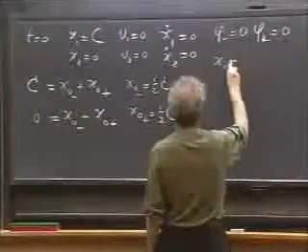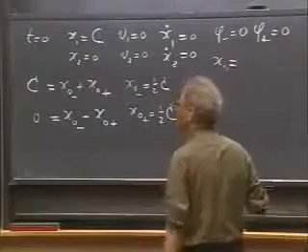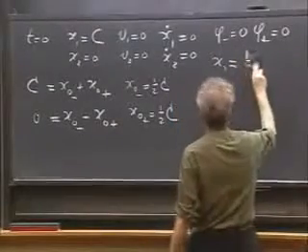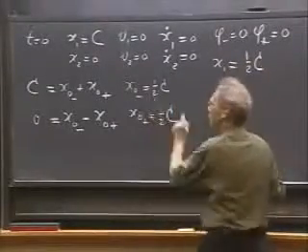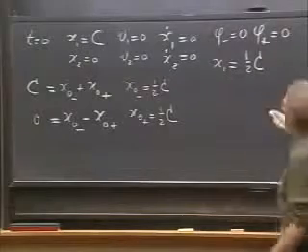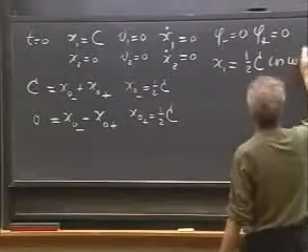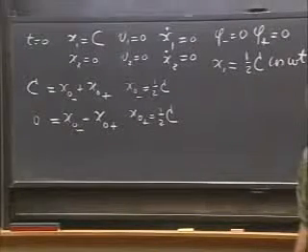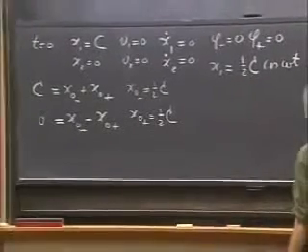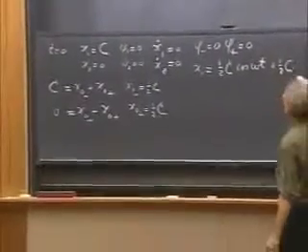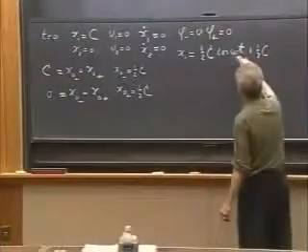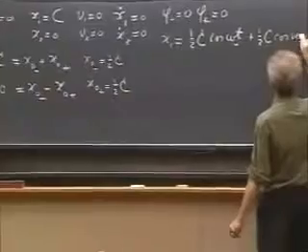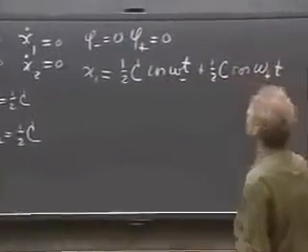So x1 is going to be 1/2 c. Remember, we found that it's 1/2 c times the cosine of omega minus t, because phi is 0, plus 1/2 c times the cosine omega plus t.